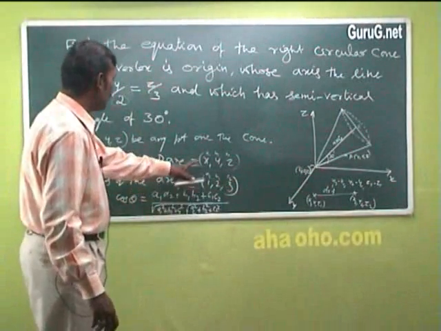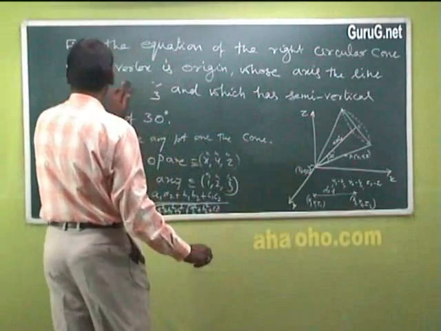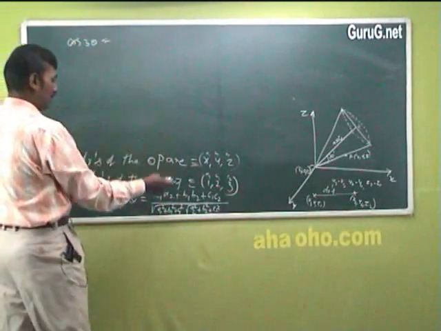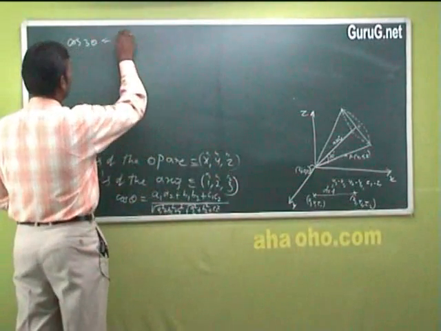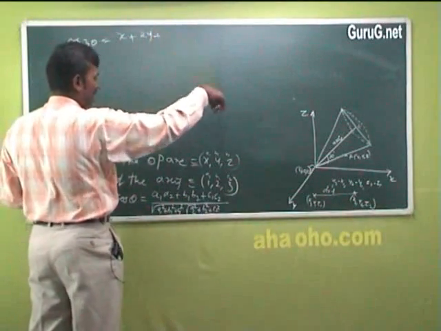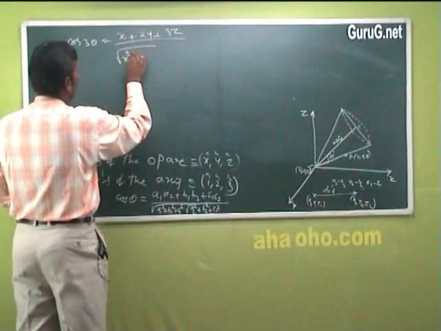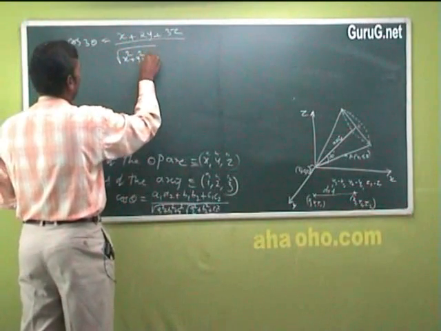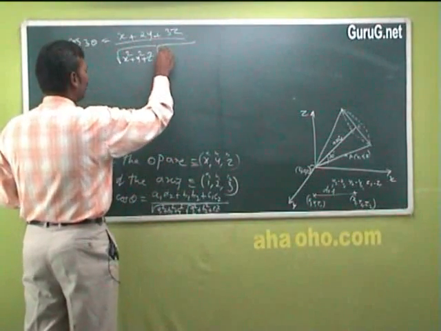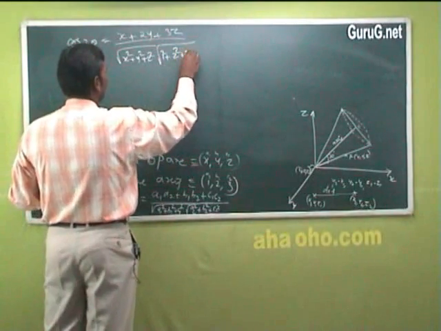We substitute in this formula. So theta is nothing but 30 degree, right? So you may get cos 30 equals x plus 2y plus 3z by root of x square plus y square plus z square into root of 1 square plus 2 square plus 3 square.